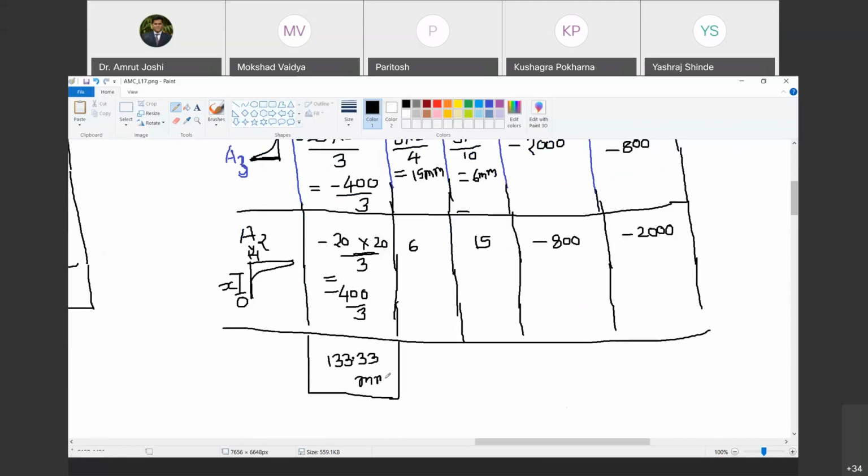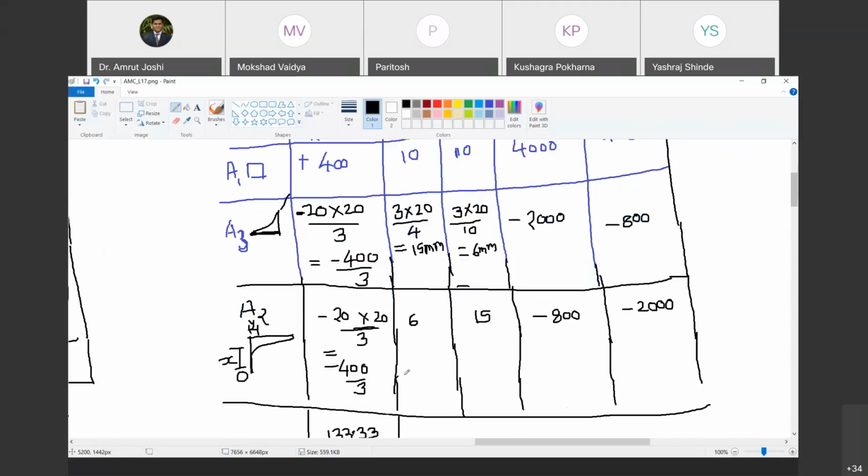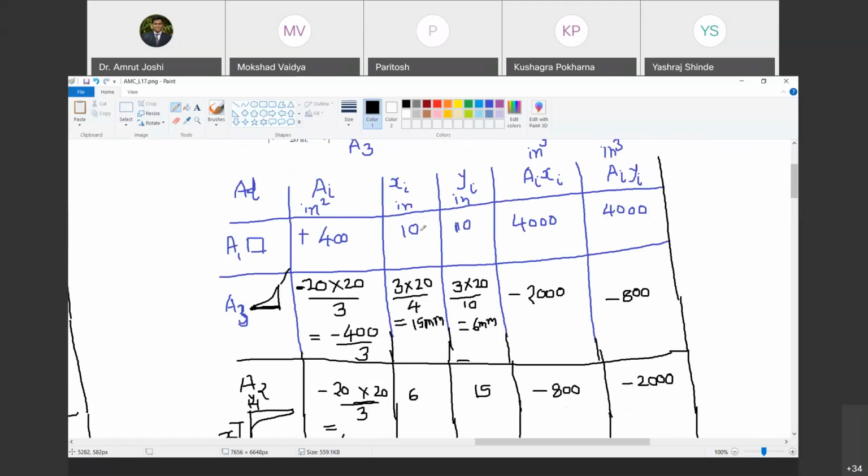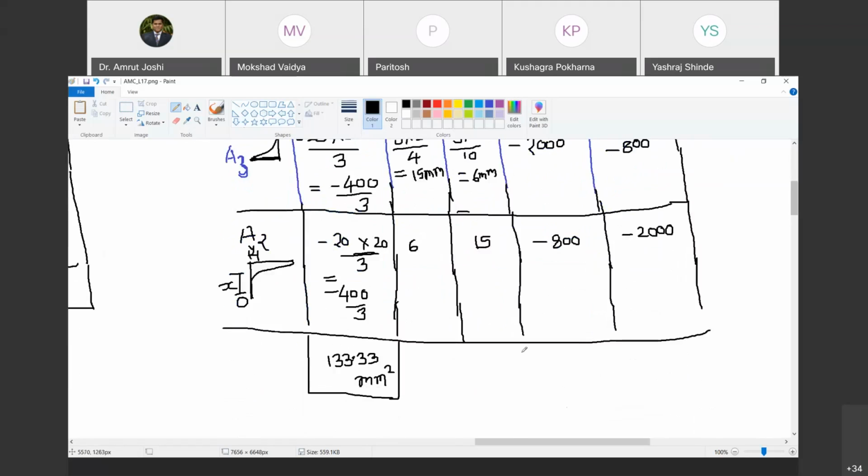Sir, let me check. 400 minus 400 by 3 is 133.33. Correct. So into 2. Correct. But that is to be subtracted from 400. Yes, sir. That is the right answer. So plus 133.3. Now what about summation A_i x_i?